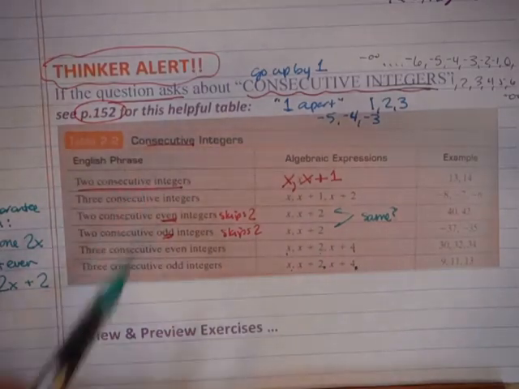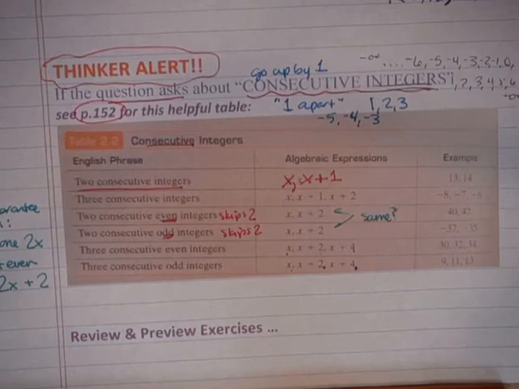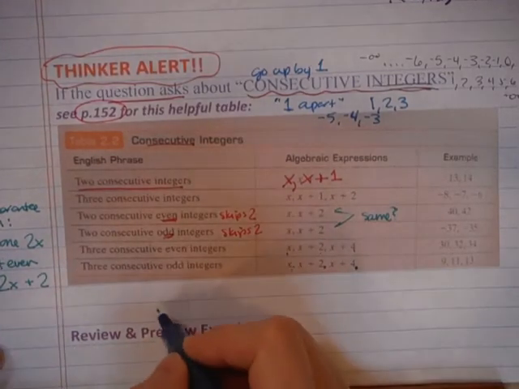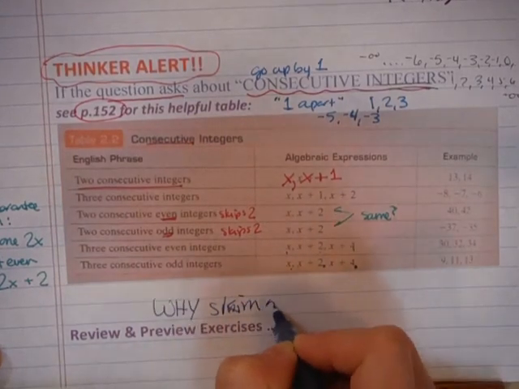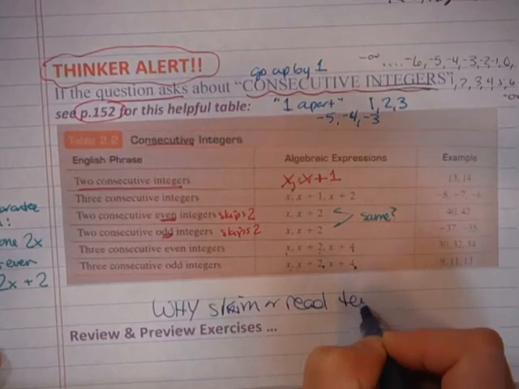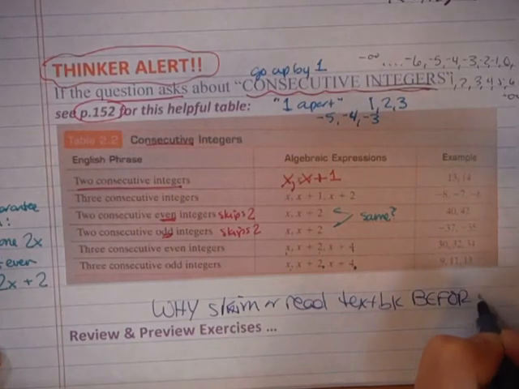So, page 152, use that as your help when you get to those questions in the assignment that tell you about consecutive integers. And this is another example of why it's important to skim or read the textbook before you start the practice problems, because you get to catch things like this.